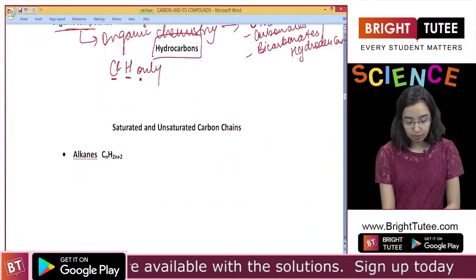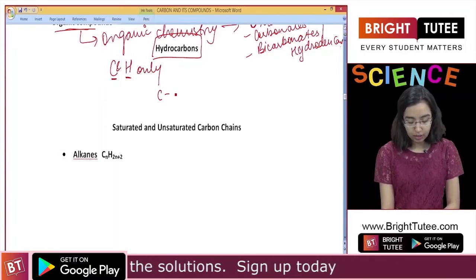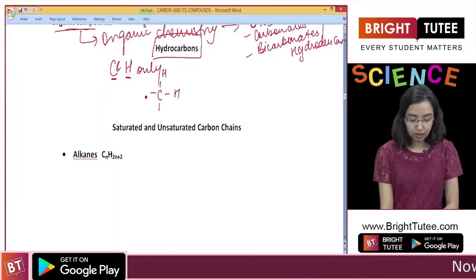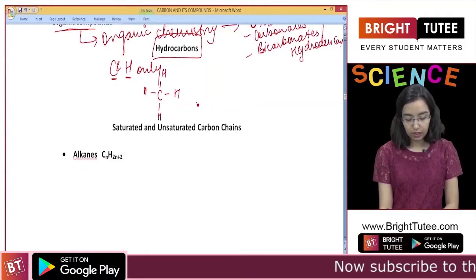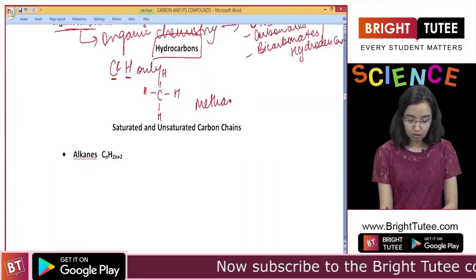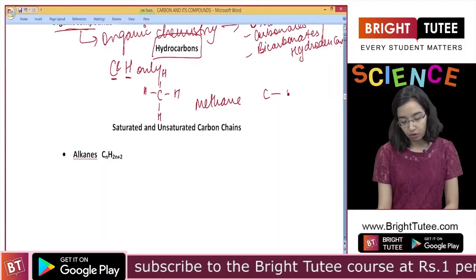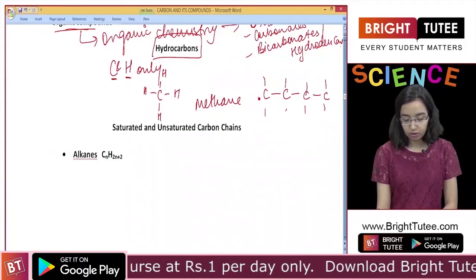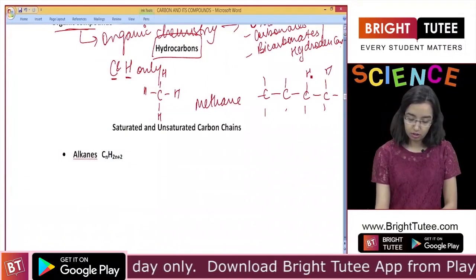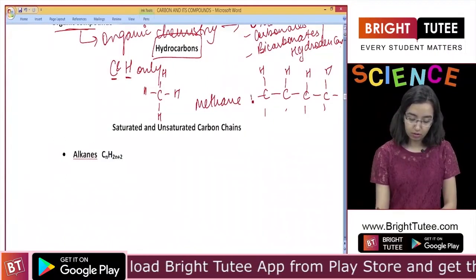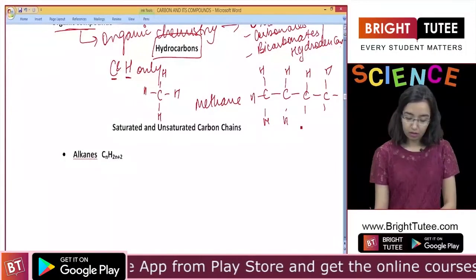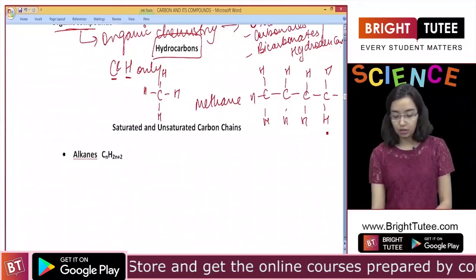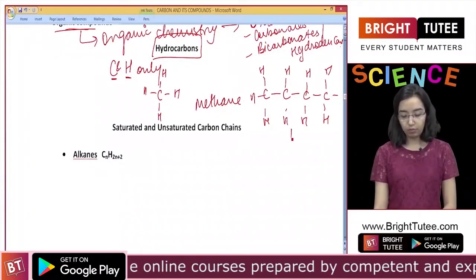Hydrocarbons are compounds which have carbon and hydrogen only. They can be arranged in multiple ways. The simplest would be this, which we discussed before also, methane. Other forms can have longer chains, where all the valencies are filled by hydrogen. Right? So here, since there are 4 carbons, it will be called butane.